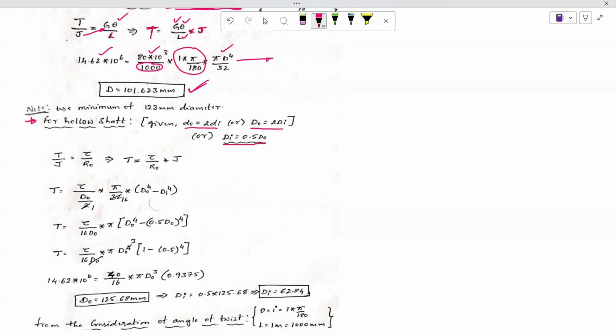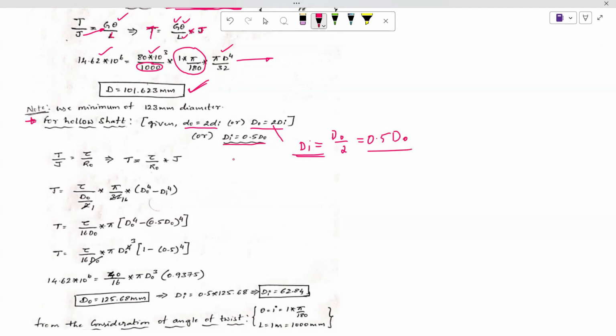That means di is equal to 0.5 times d naught. Very simple, just divide by 2. So di will be equal to d naught divided by 2, and 1 by 2 is 0.5 times d naught. So wherever you have di, substitute with 0.5 times d naught.